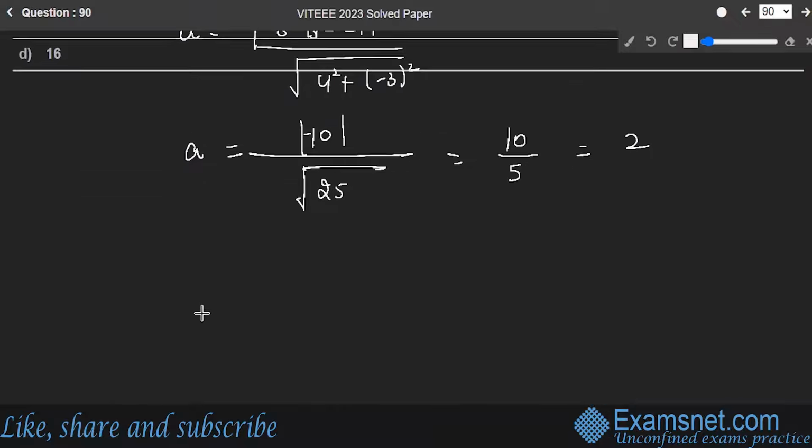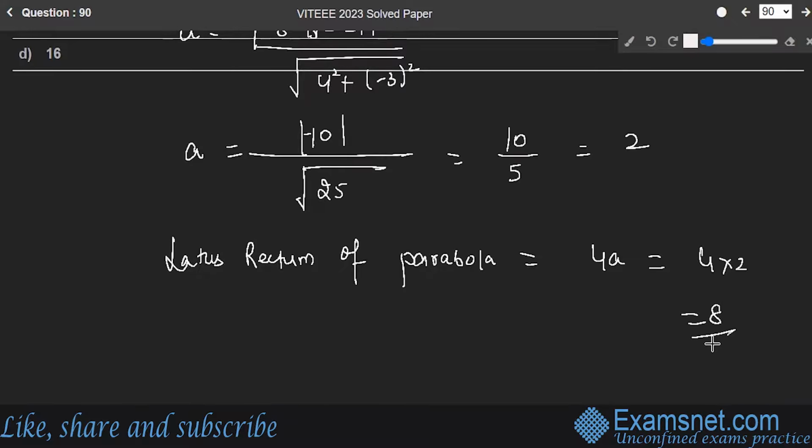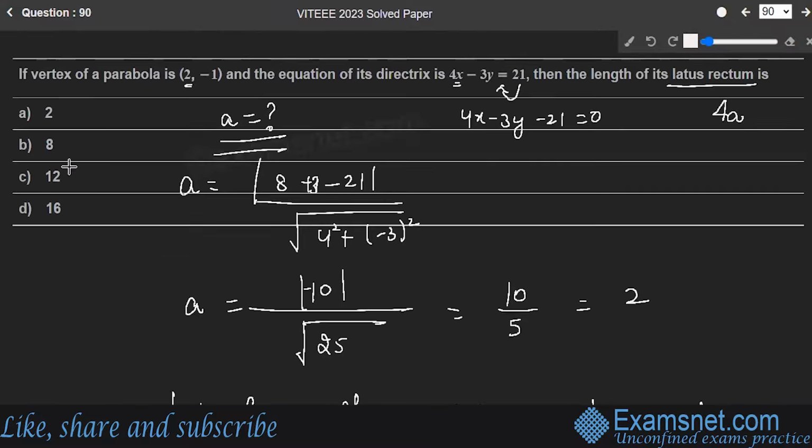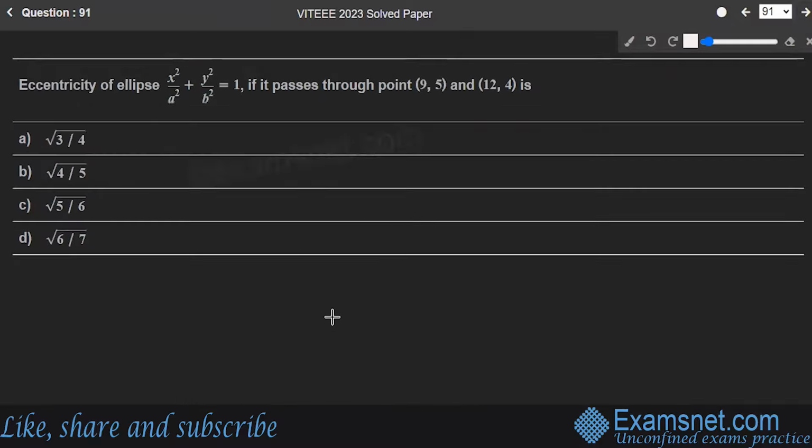So we got the value of a as 2. Latus rectum of the parabola is equal to 4a, which is 4 into 2, that is 8. So this is the latus rectum, option B. Hope you got that. Next, question number 91.